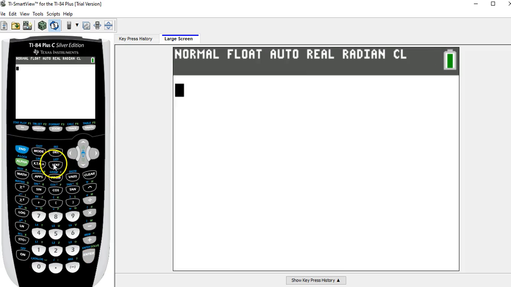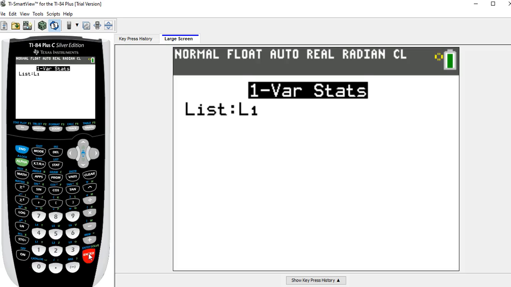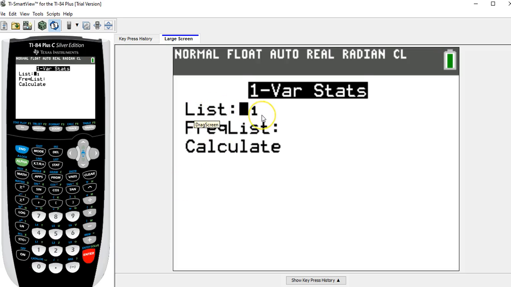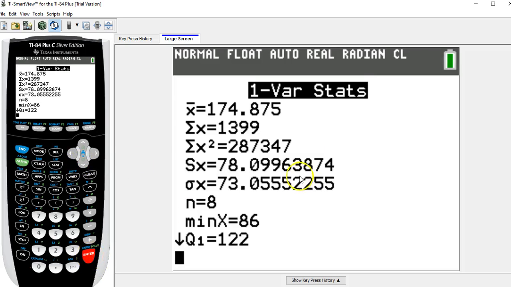And now if I go stat, calc, 1-Var Stats, you see it gives me a little menu. It's asking me for the list, which is L1, so I'm going to leave that alone. This frequency list thing here, I don't want to have anything there, so I'm going to leave that blank. When I arrow down to calculate and hit enter, it spits out exactly the same numbers. There's the standard deviation, 78.09963874.